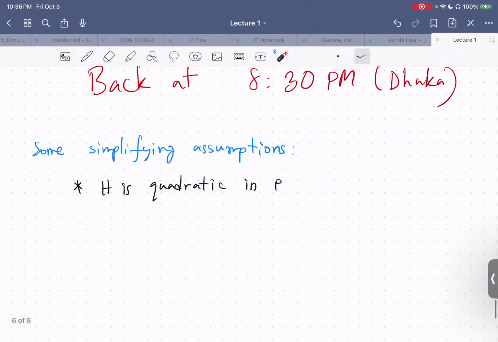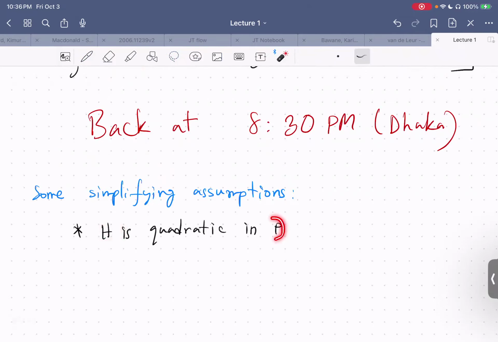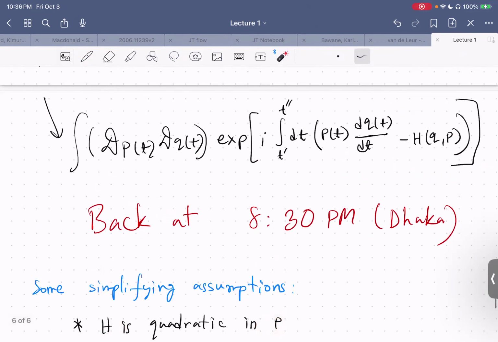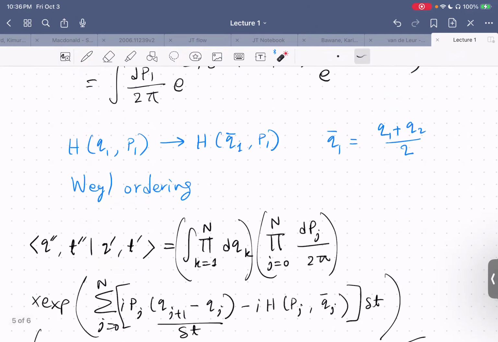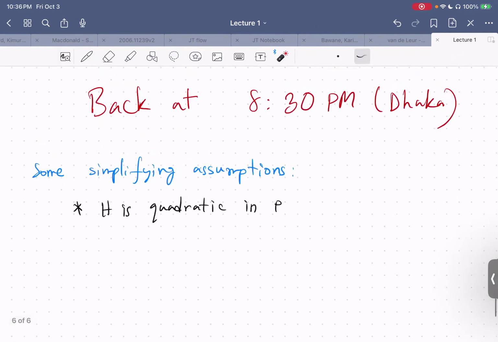Okay, so the first assumption I'm making is that H, our Hamiltonian, is quadratic in P. So the Hamiltonian that we have been working with so far looked like P squared over 2m.